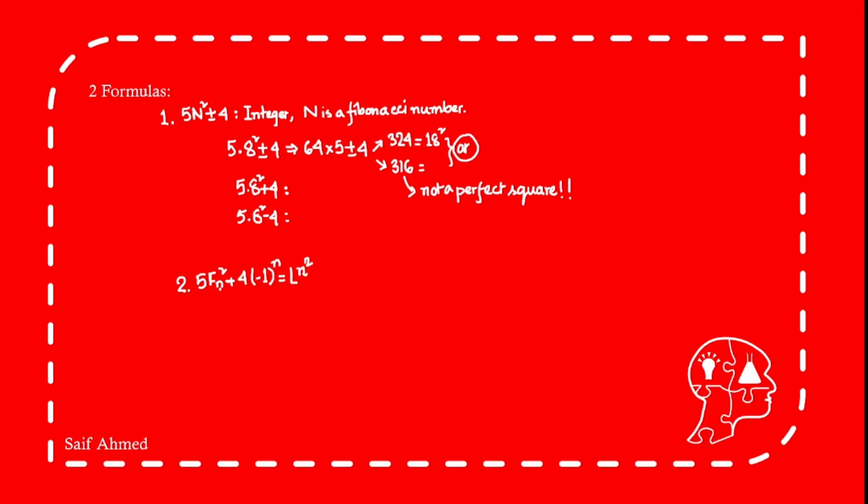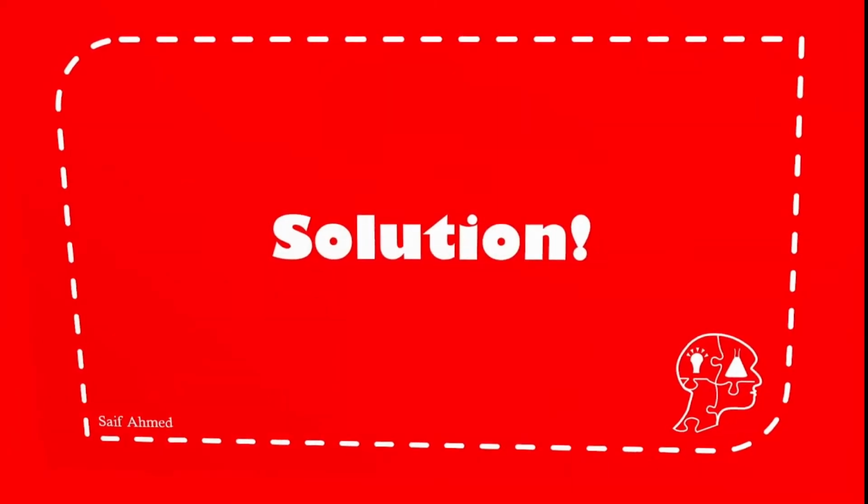You can prove this assertion by induction, but for the time being I am not proving this conclusion. Just take it as a formula, and it will help you to solve our math. Please look at the formulas properly, and if you are ready, then let's move to our solution.